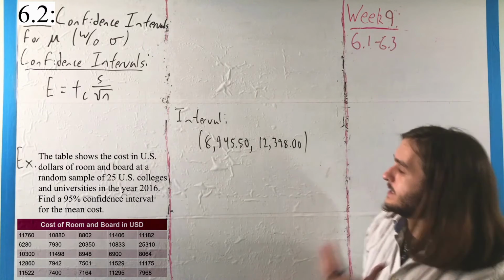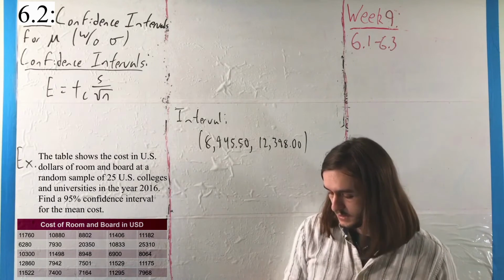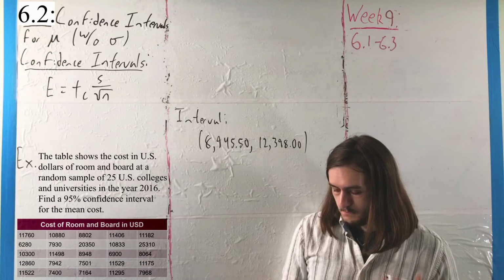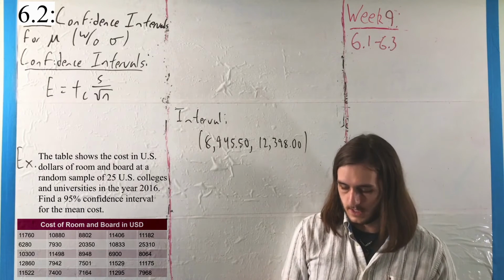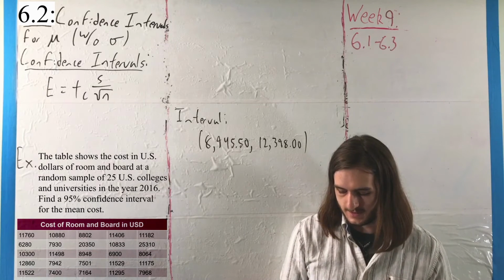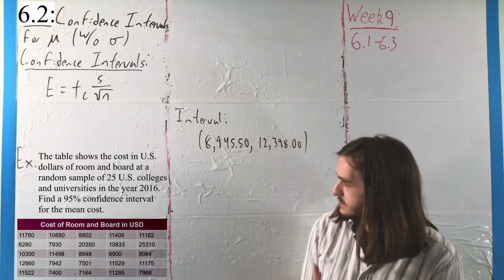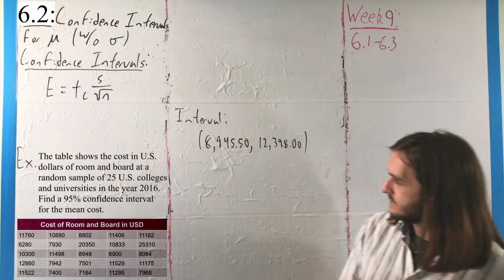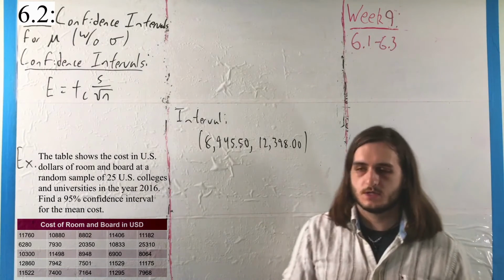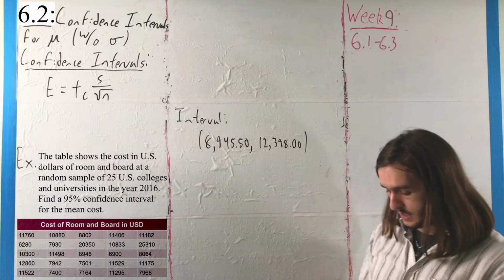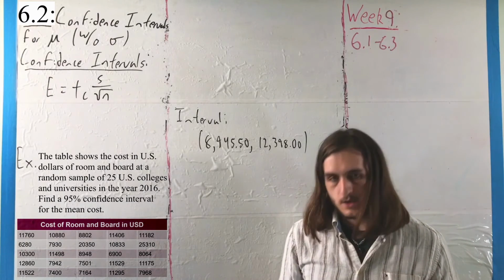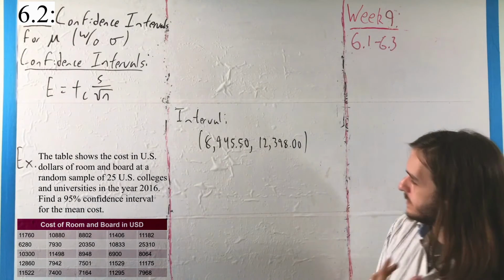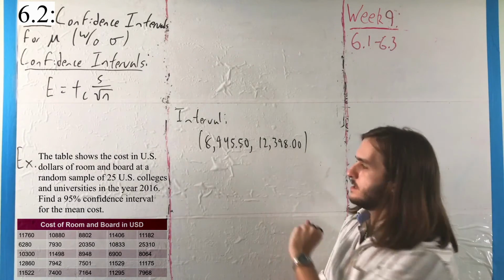So we could say with 95% confidence, the mean cost of room and board in 2016 for U.S. colleges and universities was between $8,945.50 and $12,398 flat.